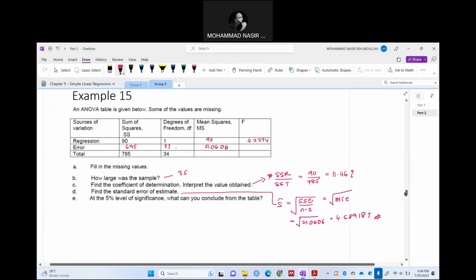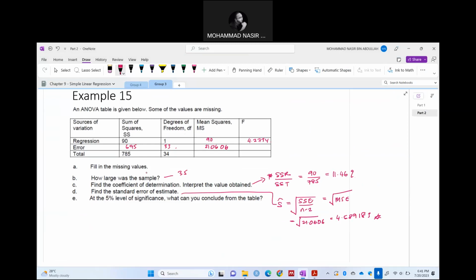At 5% level of significance, what can you conclude from the table? First we need to state the null and alternative hypotheses. Null: beta equals 0. Alternative: beta is not equal to 0. Alpha 0.05. Test statistic F equals 4.2734.